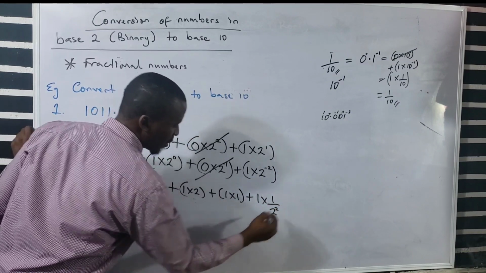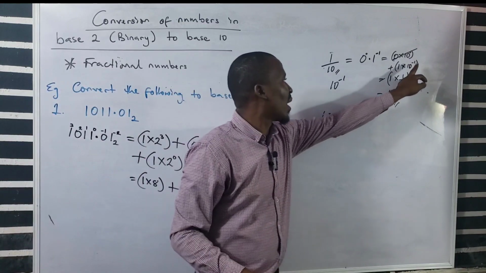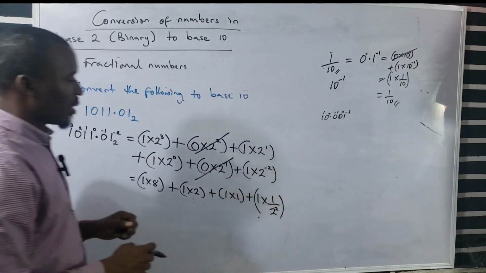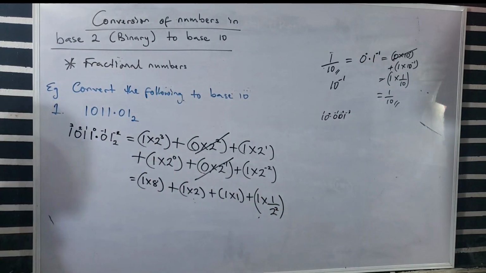That's what we are going to have, just like what we have here, because that negative means it is a fraction. We call it fractional index, which we are going to discuss in indices.